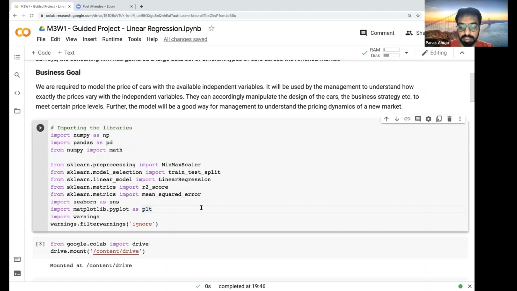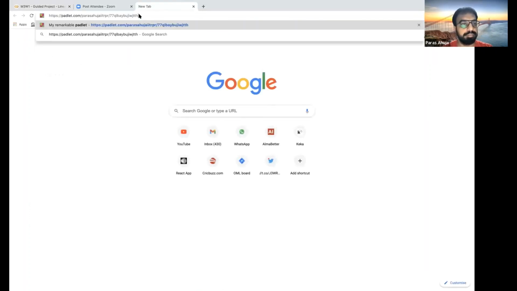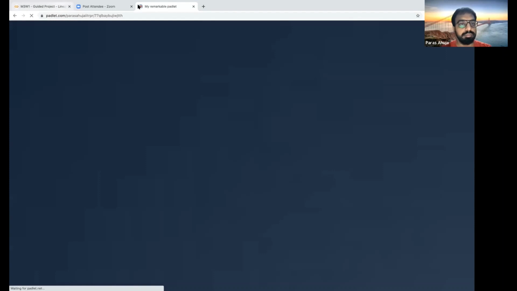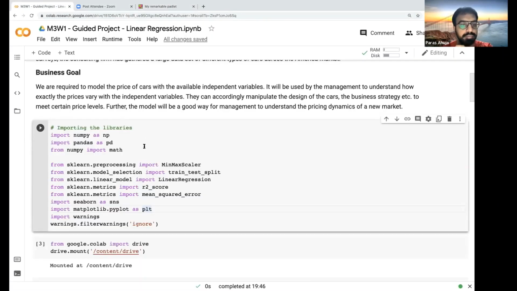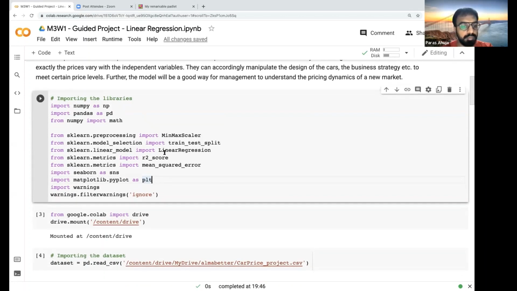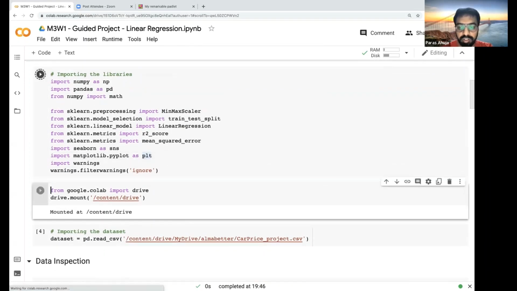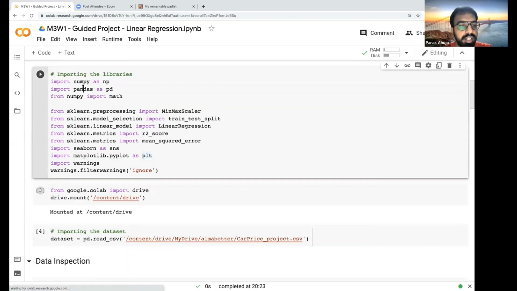So I'll start. First we'll load the data and then come up with the right approaches to go further. We start by loading all the required libraries: NumPy, Pandas, and different modules from sklearn.